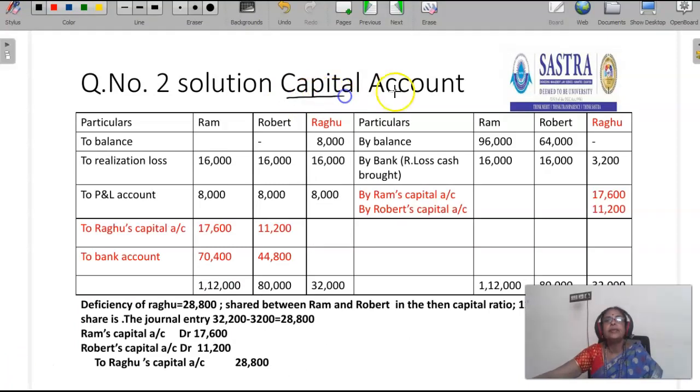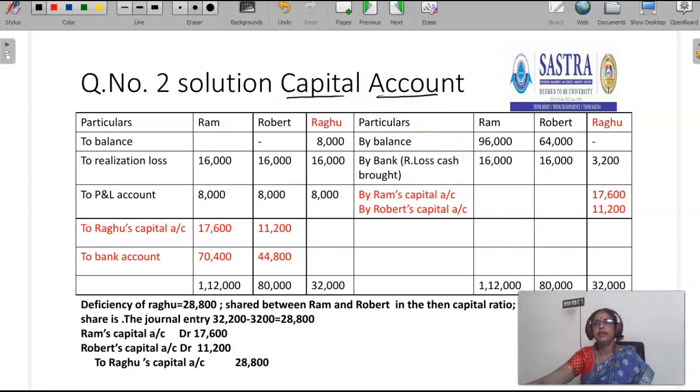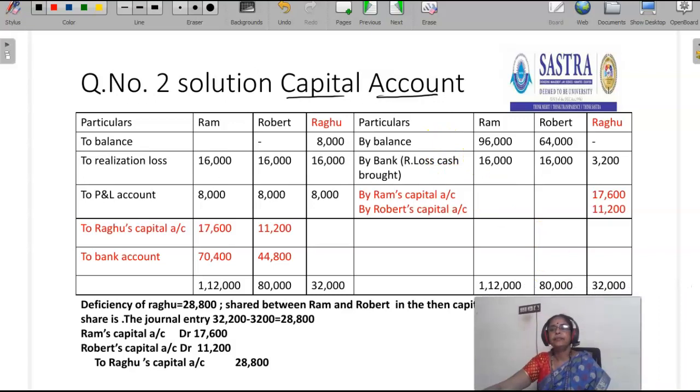Next step, we have to prepare the capital account of the partners. By balance, that is given in the balance sheet: Ram 96,000, Robert 64,000, Raghu has a debit balance of 8,000 rupees. Then we have to transfer the realization loss.